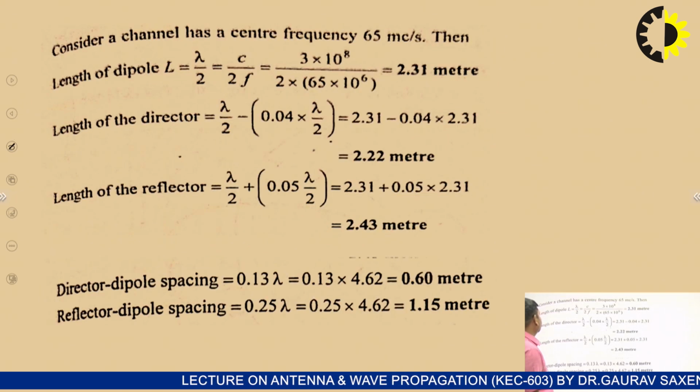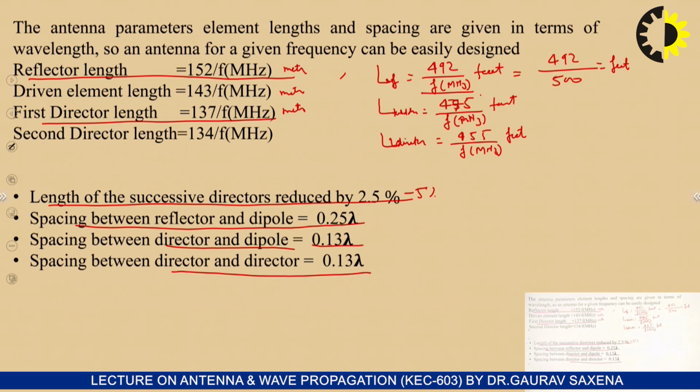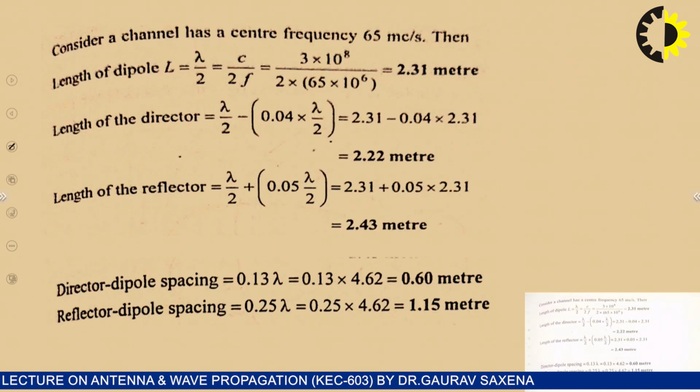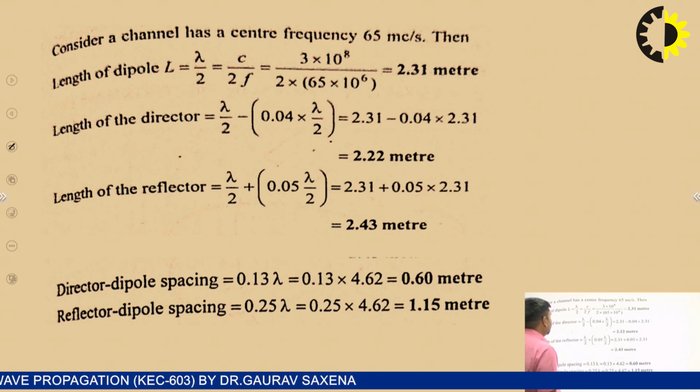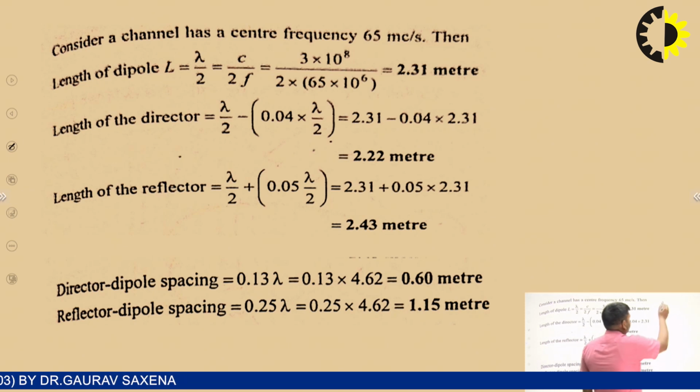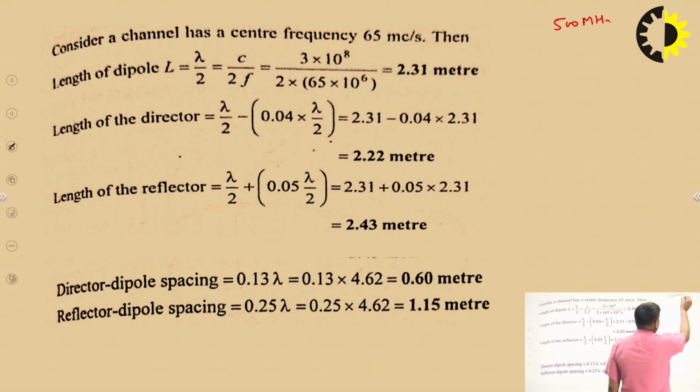So, let us take the first example. Design a 3 element Yagi antenna for 500 megahertz frequency. So what are the 3 elements?